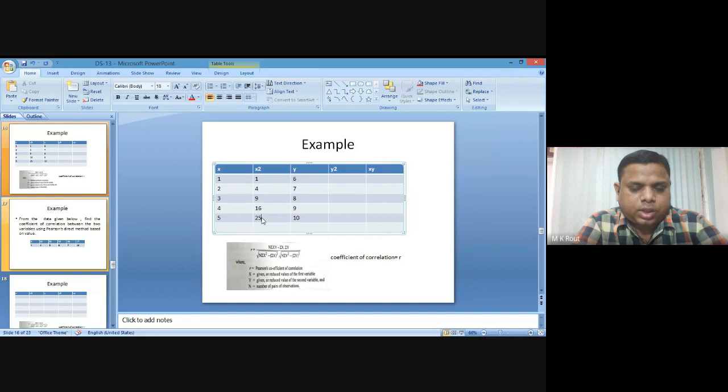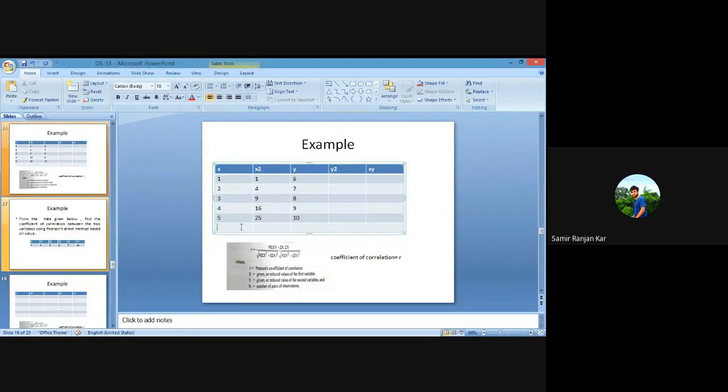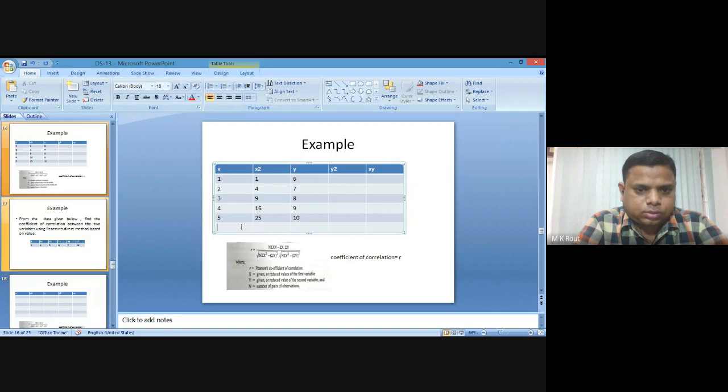Okay, here we need to calculate the sum of x. So what is the value of sum of x here? Anyone? 15, in the first column.